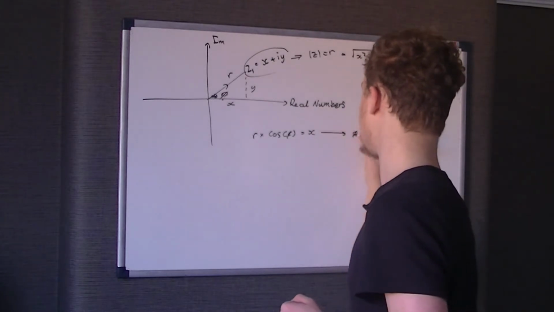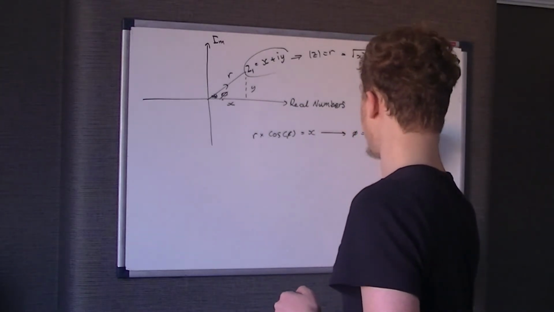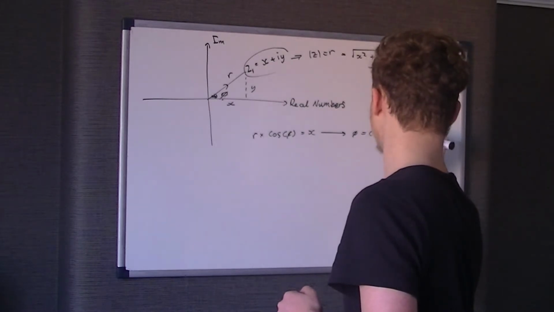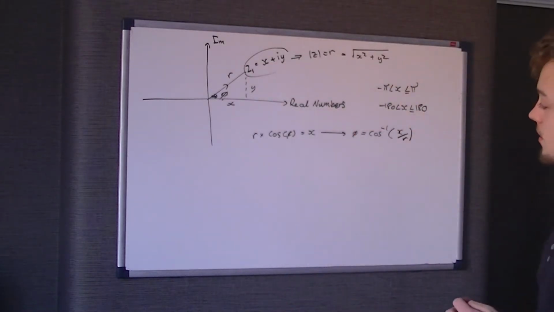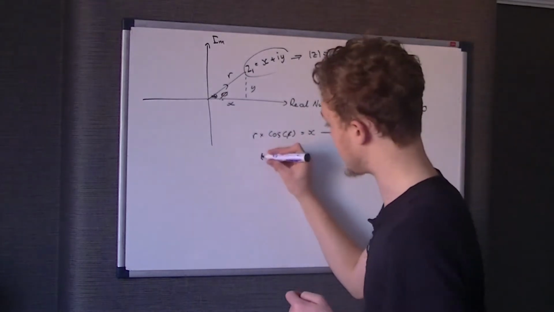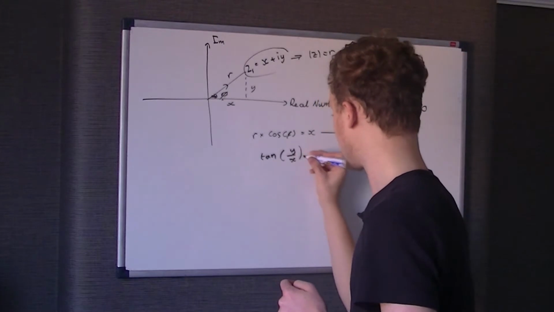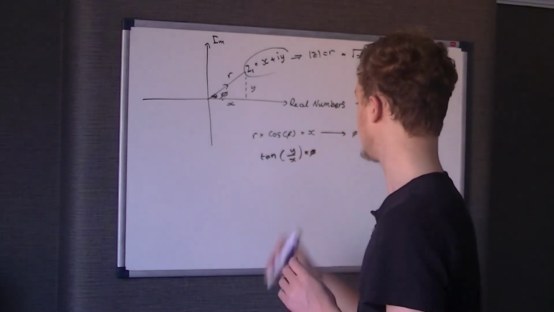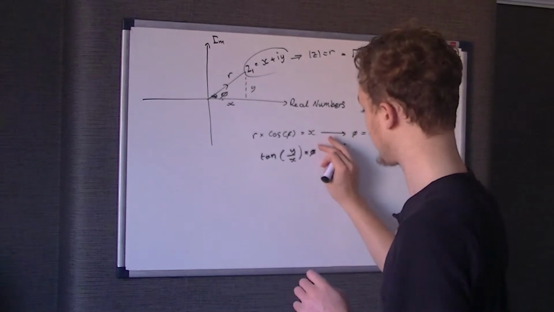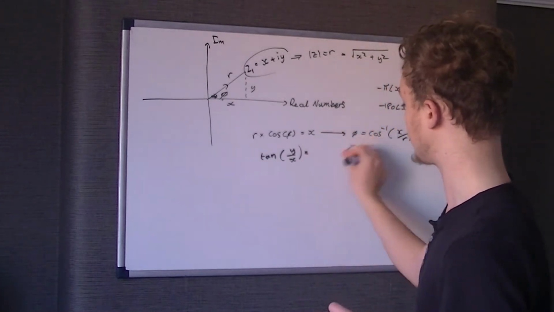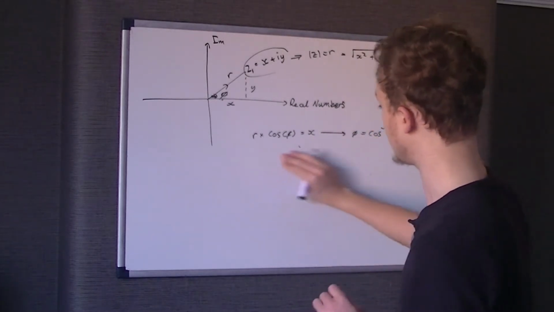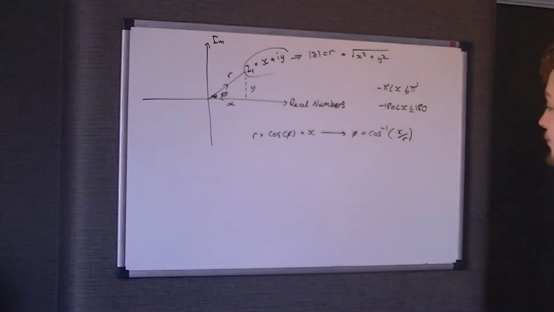Therefore theta is equal to the cos inverse of x over r. Similarly, we could have said tan theta is equal to opposite over adjacent, so this would be y over x, and that equals theta. Hopefully that made some kind of sense, but I generally use the first method. So how can we apply this in the case of finding out the values of x and y?